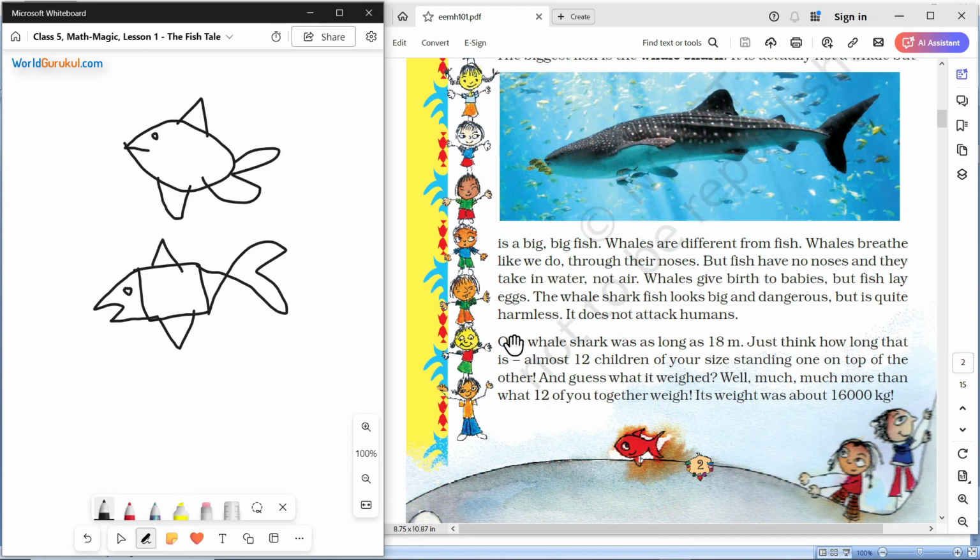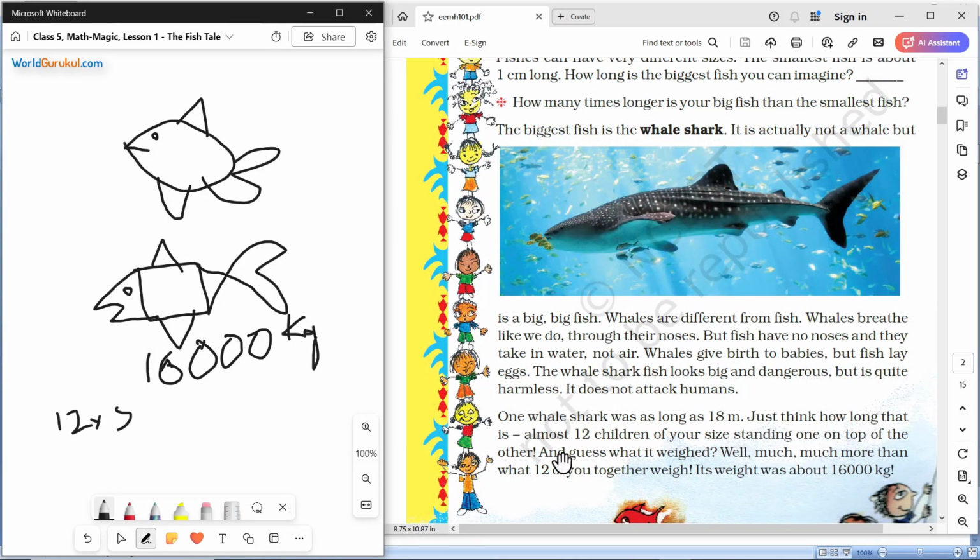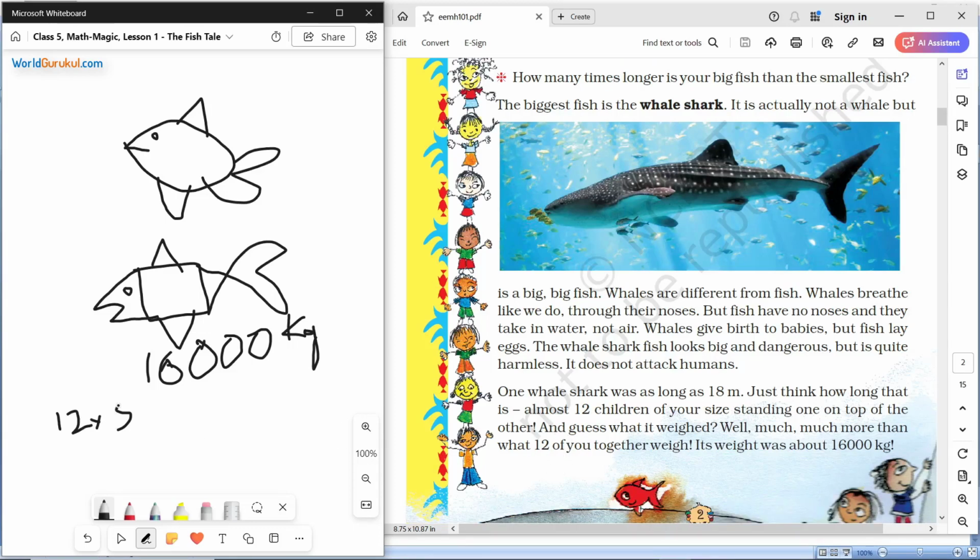The smallest fish is around a centimeter, we learnt earlier, and this whale shark, how long is it? It is around 18 meters. Think how long it is. This whale fish, the biggest fish, weighs around 16,000 kilos. Suppose there are 12 children and each child weighs say 50 kg.